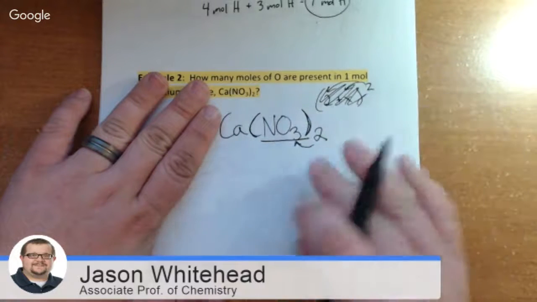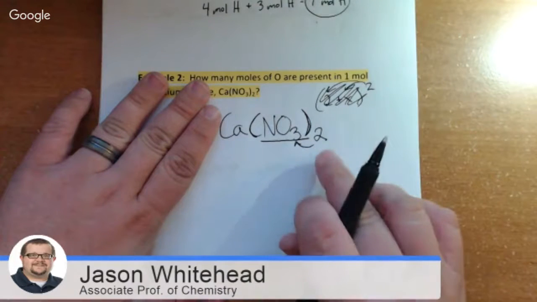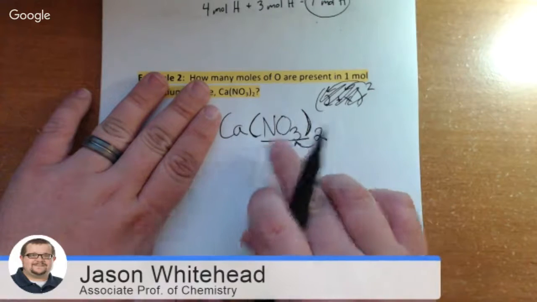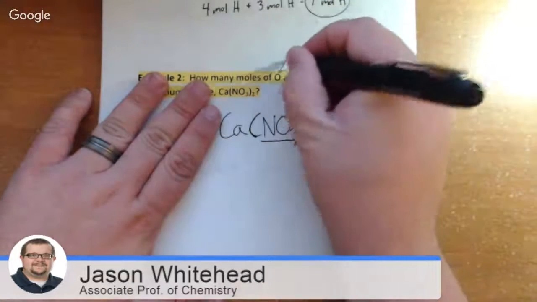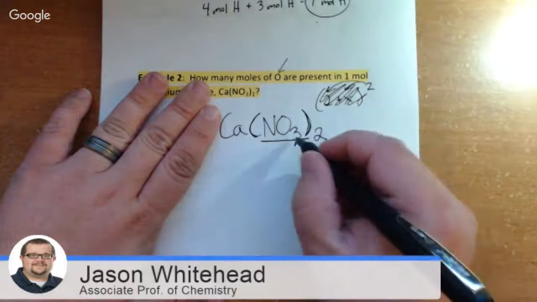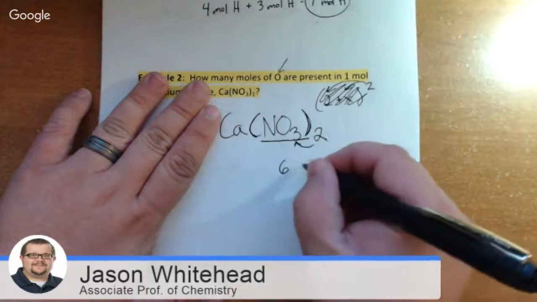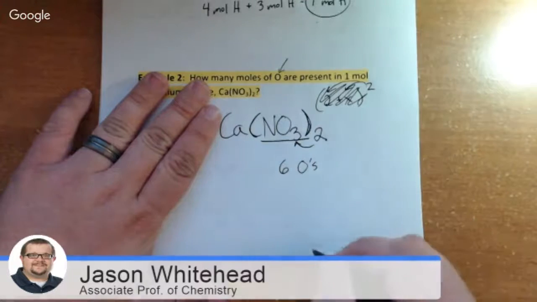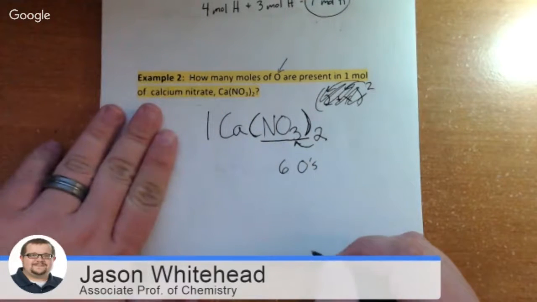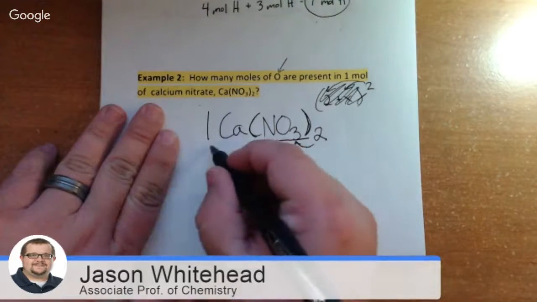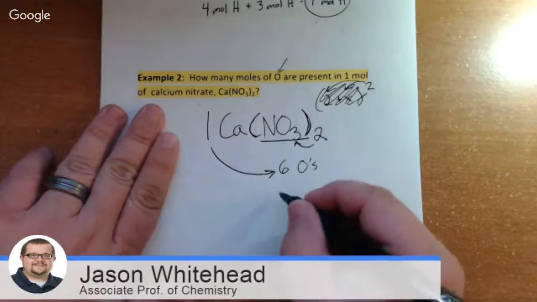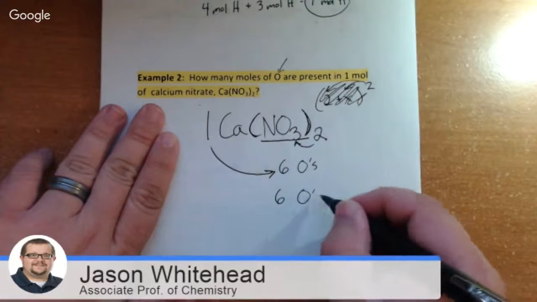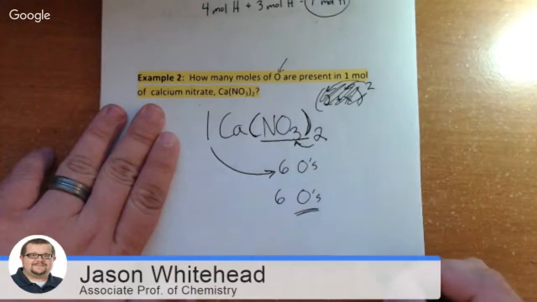So when I go back to calcium nitrate, the 2 applies to both the N and the O, but we don't care about the N. We're just asked about the O. So I've got 2 times 3, or 6, oxygens that are hanging out there. When you take that 1 into account, it multiplies through also. 1 times 6 leaves it at 6 moles of oxygen that are in that formula.